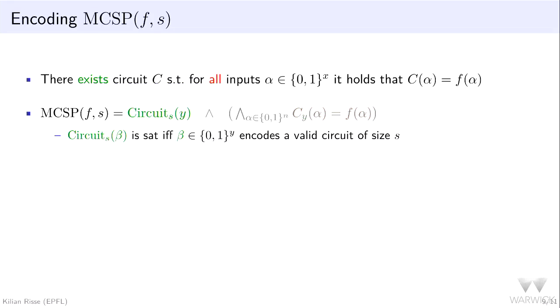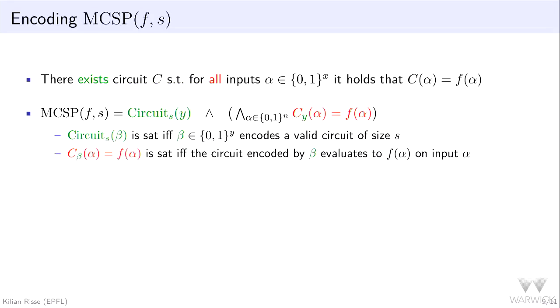You can think of it as a local encoding where every gate, or supposed gate, in your circuit has some indicators that tell you what function is computed there and how it's connected to the rest. And then we have the second part of the formula, which is over 2^n times s many variables, which simulates an evaluation of the supposed circuit. Okay? And it makes sure that this supposed circuit actually computes your truth table on all assignments alpha.